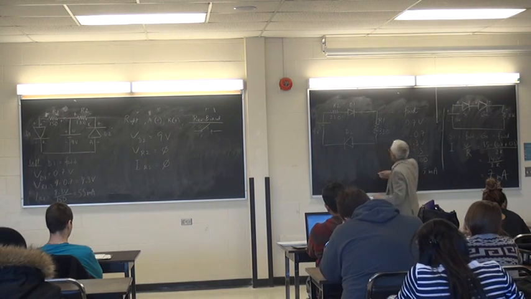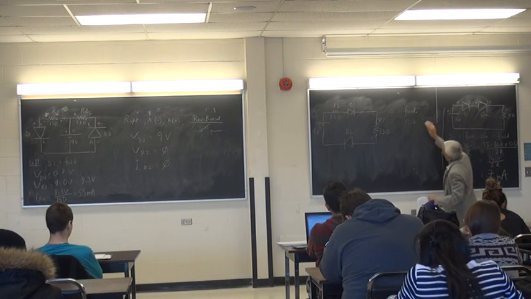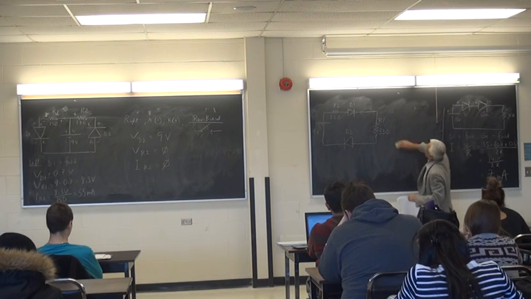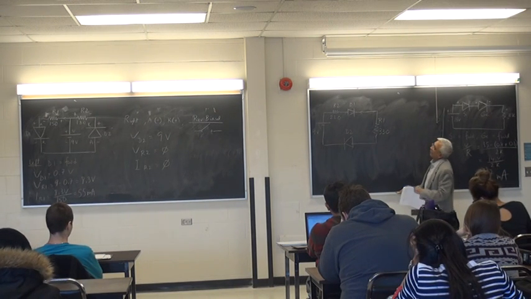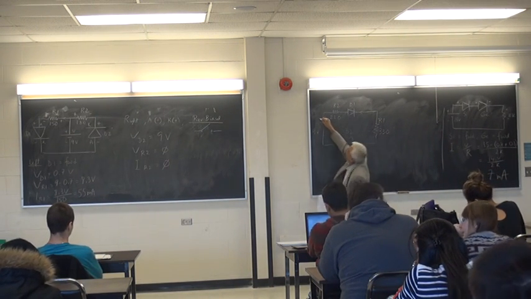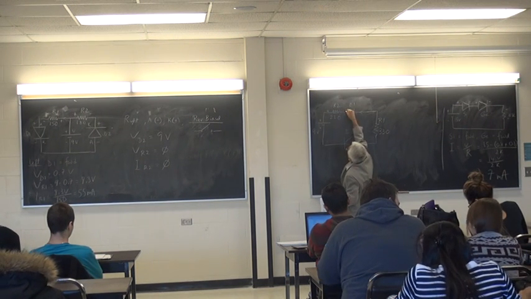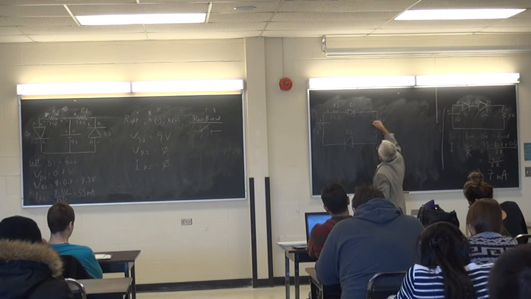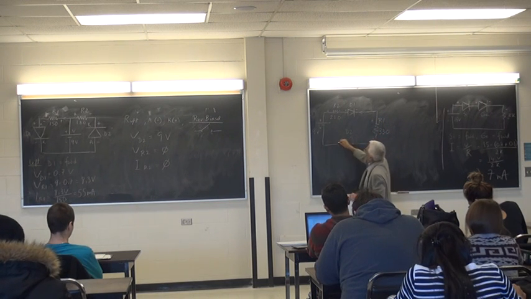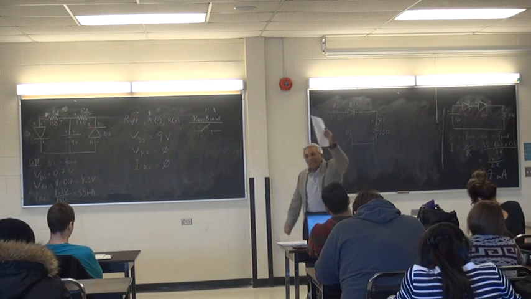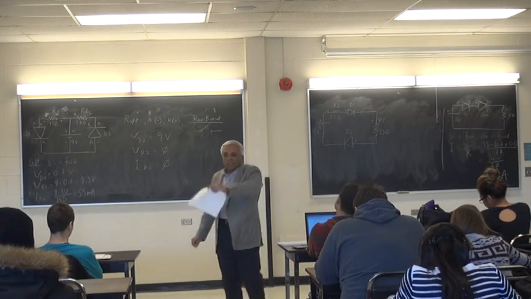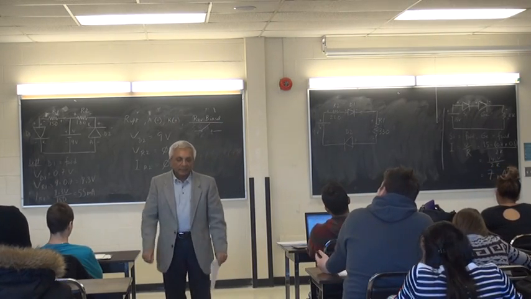So the first thing I do is determine the polarities everywhere in the circuit. So plus minus, plus minus, plus minus, plus minus, and plus minus. You follow? We start out with the supply and work around in the circuit.